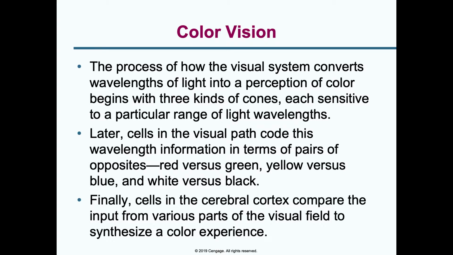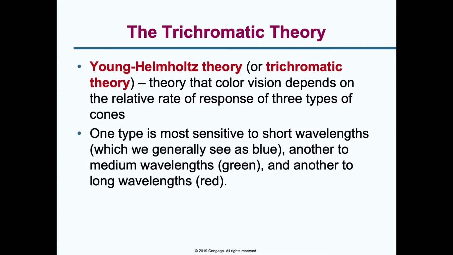Then after it codes it based on short, medium, and long, that wavelength info is sent to the brain to decide what colors we will see. So that's the description of what these three bullet points are on this slide. There are three theories that actually help explain color vision.